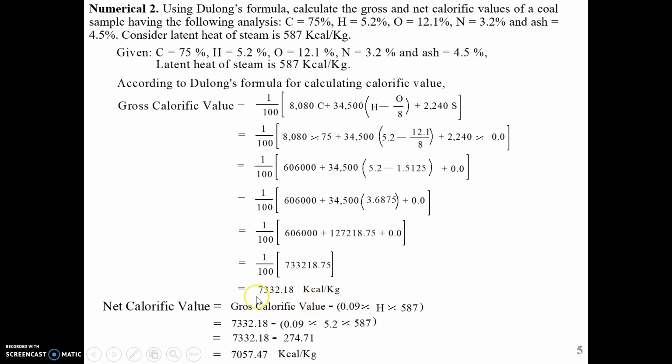By using this gross calorific value, we can calculate net calorific value: net calorific value is equal to gross calorific value minus 0.09 × percentage of hydrogen × 587. Putting in the values for hydrogen and gross calorific value, we get the net calorific value as 7057.47 kilocalorie per kg.